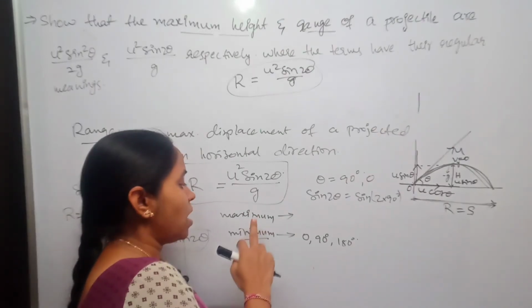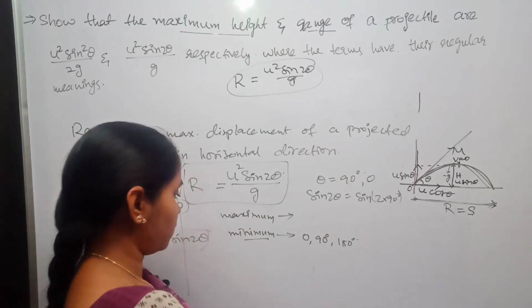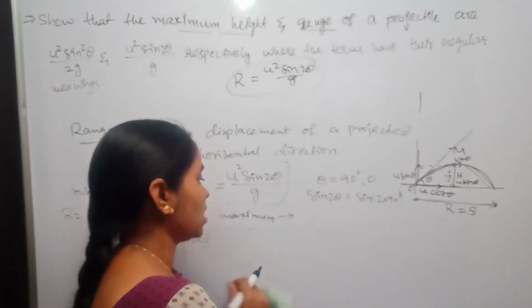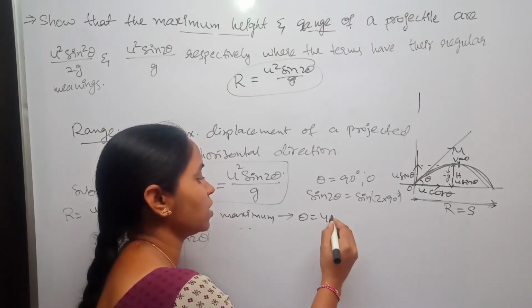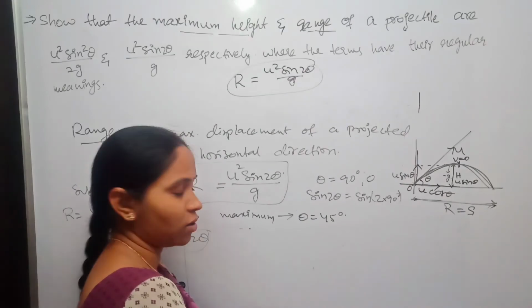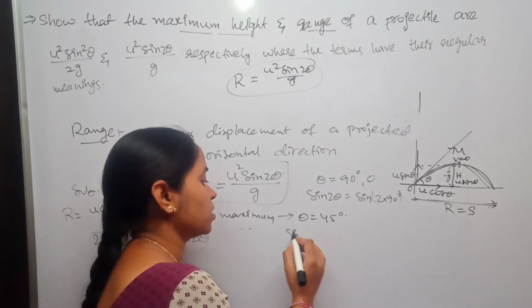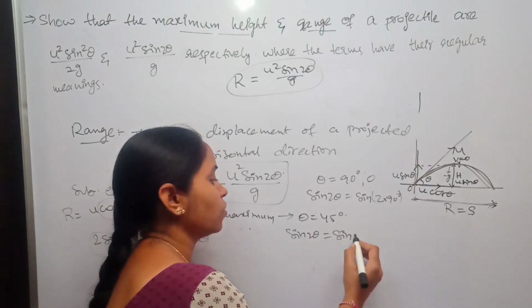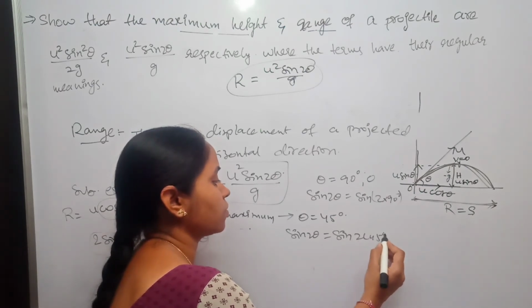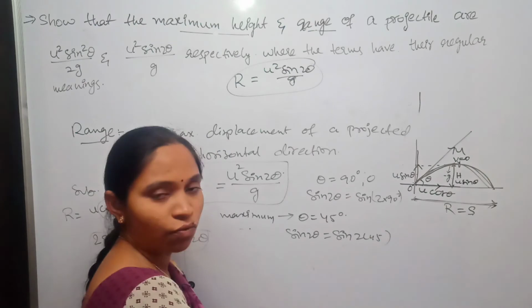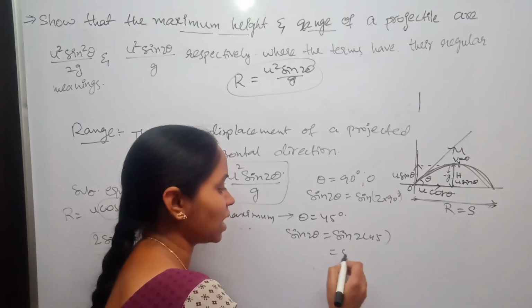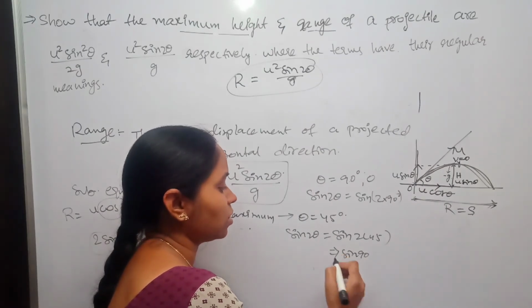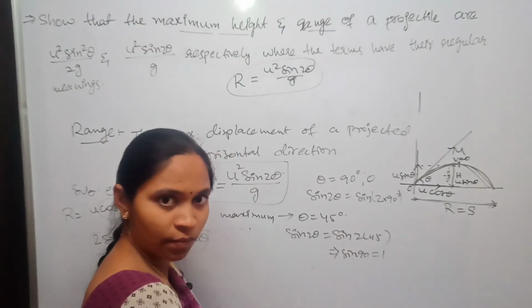And it will be maximum when this theta is equal to 45 degrees. Why? Let's find out. What is sin 2 theta now? Sin 2 theta is equal to sin 2 into 45 degrees, nothing but sin 90. What is sin 90? Sin 90 is equal to 1.